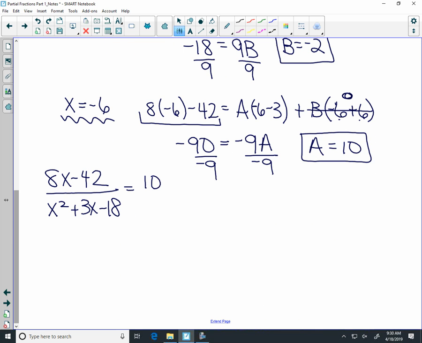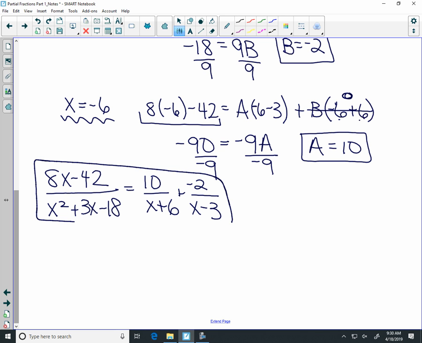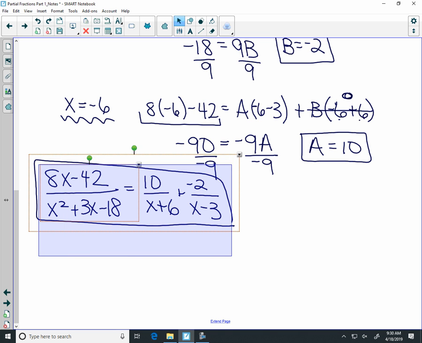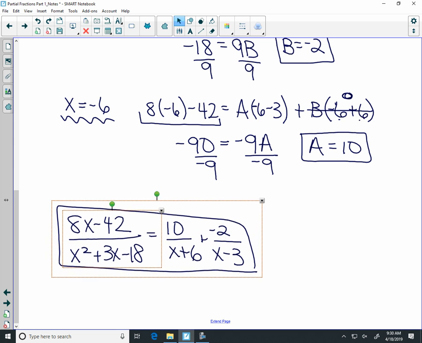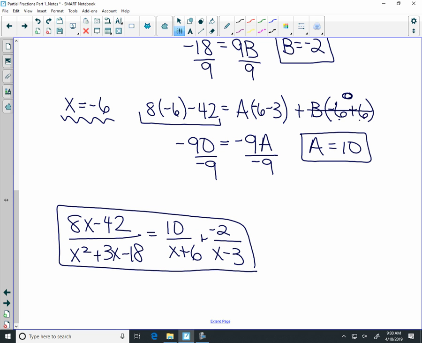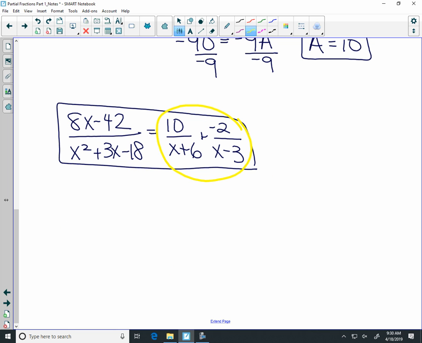So 10 over x plus 6 plus negative 2 over, and it was x minus 3. So that is your final answer. Really, just this part right here is your final answer. I check these every time.